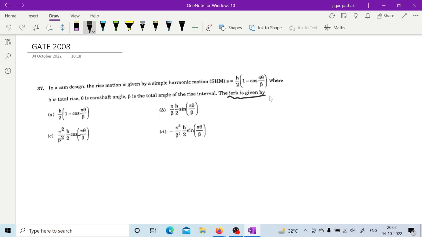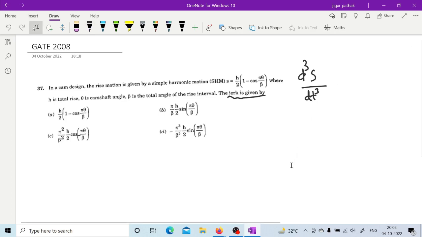Can anyone tell what is jerk? We have discussed just now. Sir, third derivative. So you need to calculate d cube s upon dt cube. That is jerk. Can you tell me the answer? Sir, option D. Let me see what others are getting.